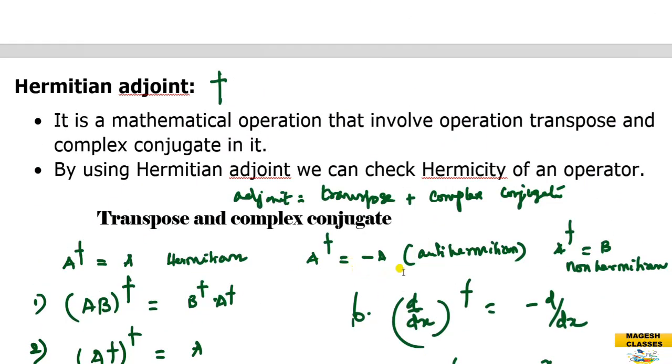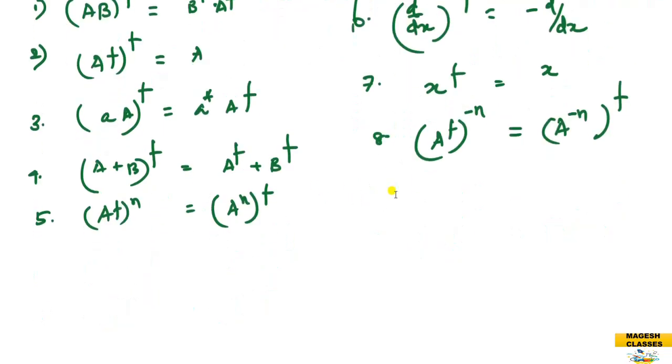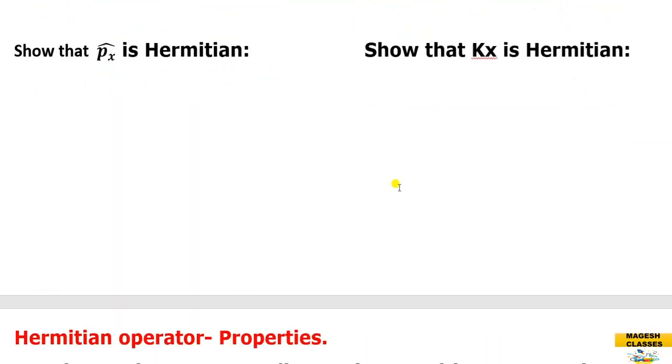So this Hermitian adjoint is nothing but the combination of the transpose and complex conjugate, and these are some of the relations for the Hermitian operator case. This Hermitian adjoint is used to find out the Hermiticity of the operator. Now one question: is Px, the momentum operator, Hermitian or not?